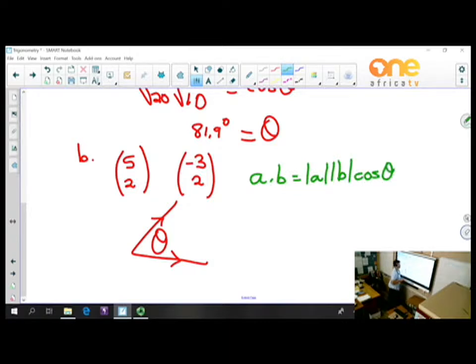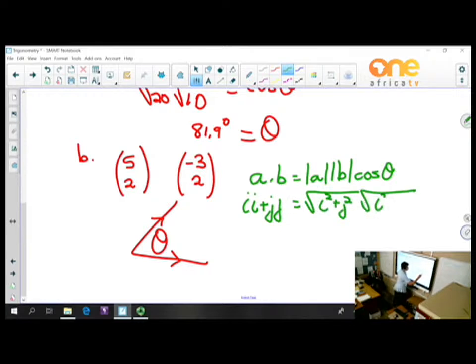That is your angle then there. So now I have to do that. What is the meaning? i·i plus j·j is equal to the magnitude of i squared plus j squared times the magnitude of i squared plus j squared, cosine theta. And now we're going to do those calculations.